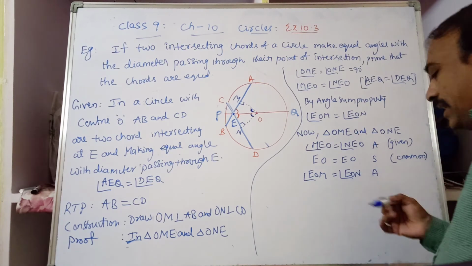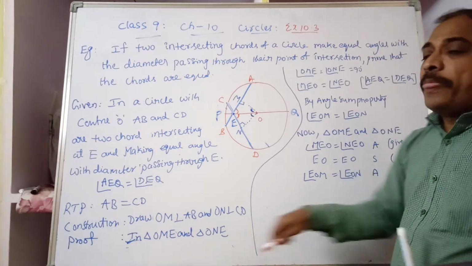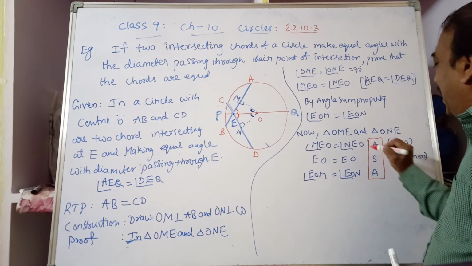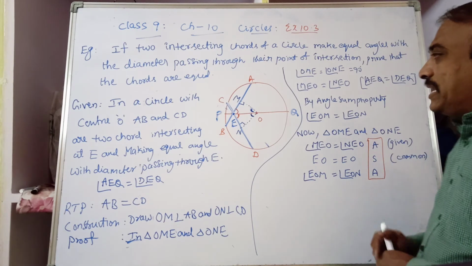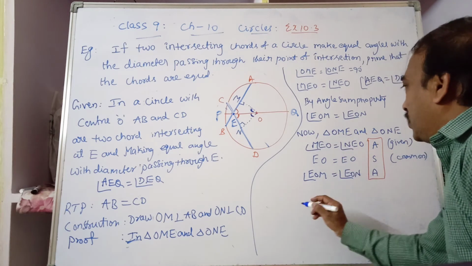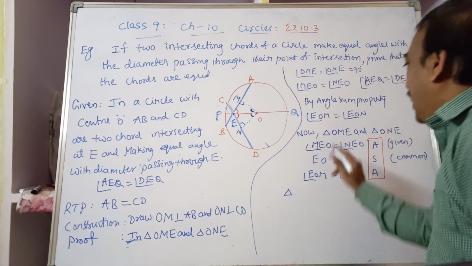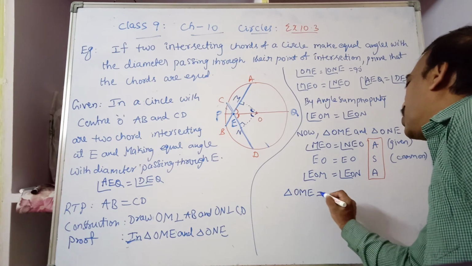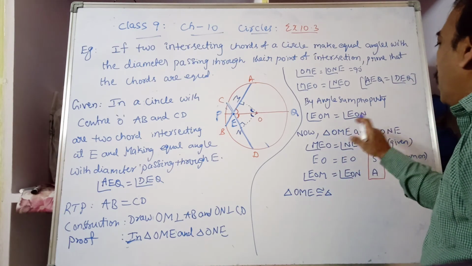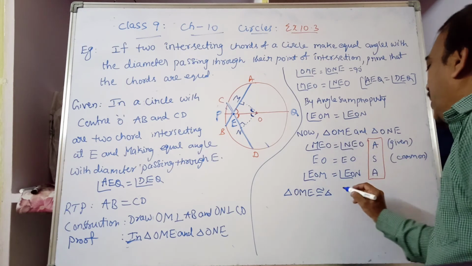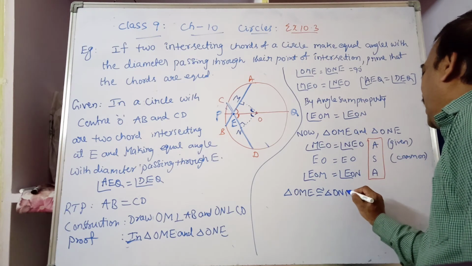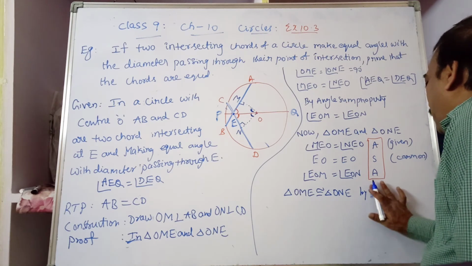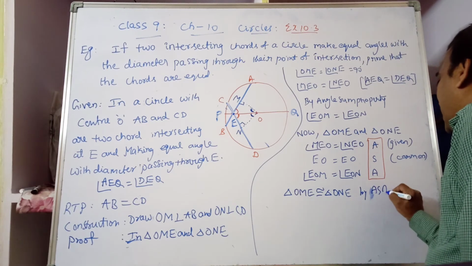This is the angle. So by the criteria ASA, the two triangles are congruent. What are the two triangles? Triangle OME is congruent to triangle ONE by ASA criteria.